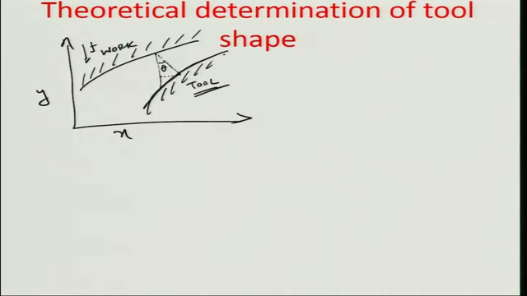Let's assume this to be the work, the tool, and further the tool shape which is shown right here is estimated on the basis of the work shape, which comes from the design requirements.